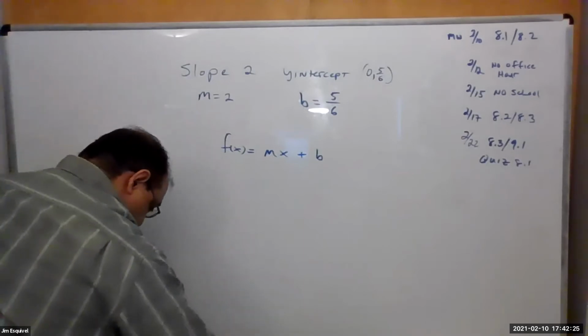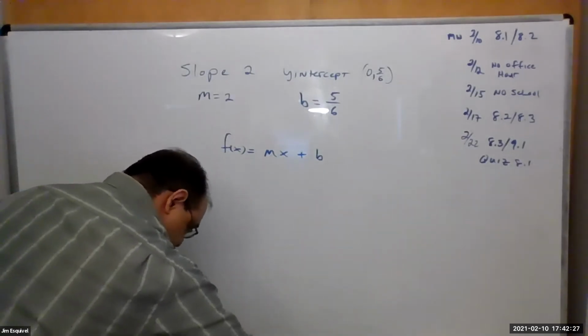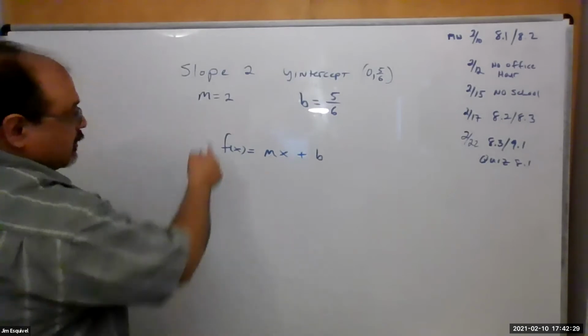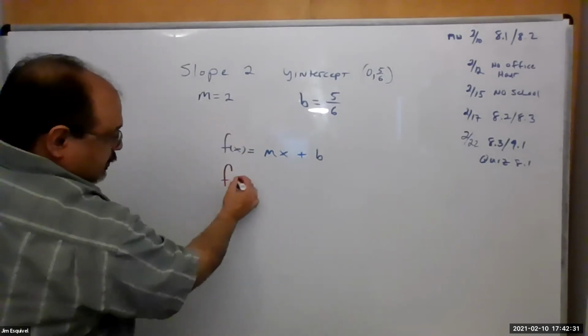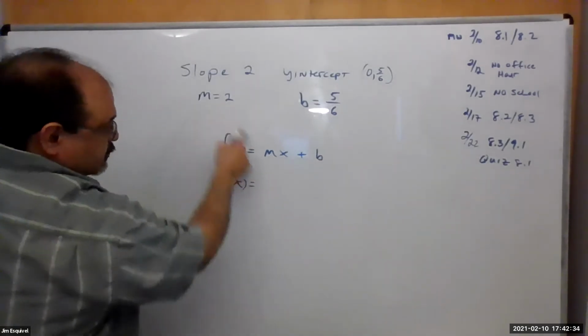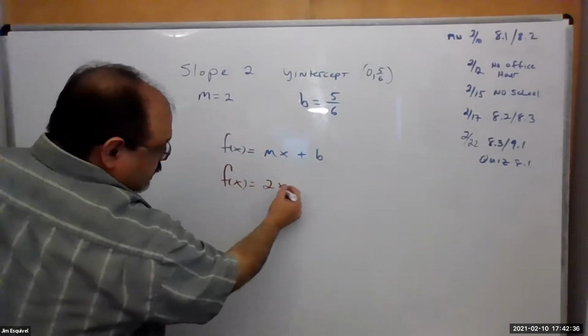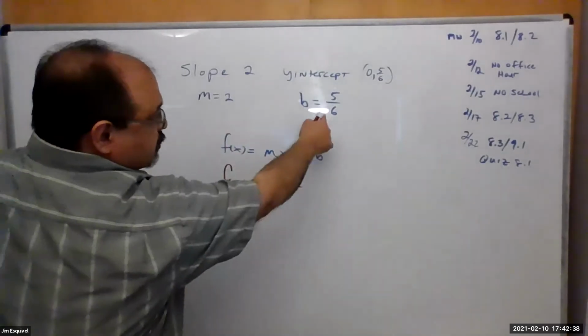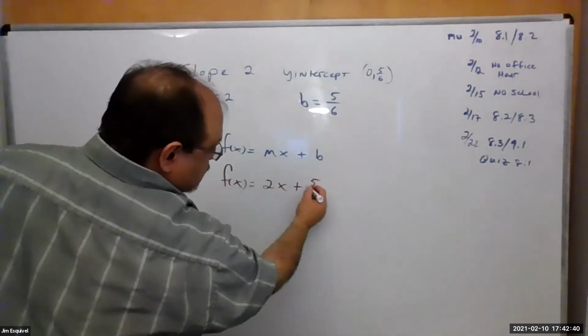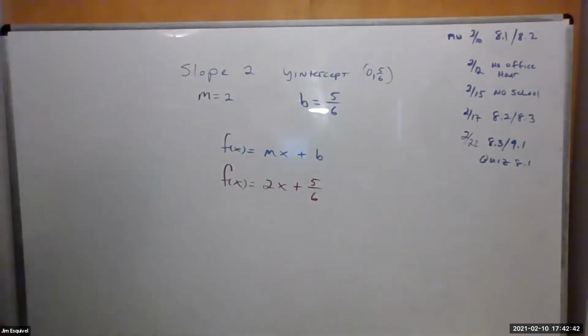Well, they just told you that m was 2. So 2x plus, and they just told you that b was 5/6. You're done. They just handed it to you.